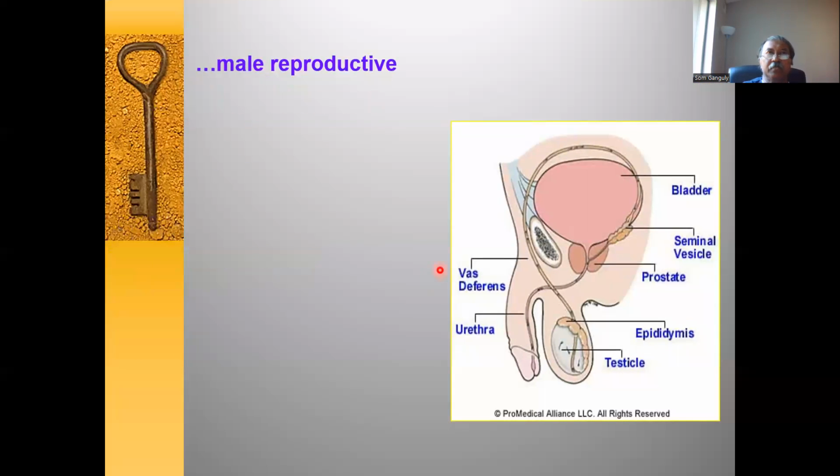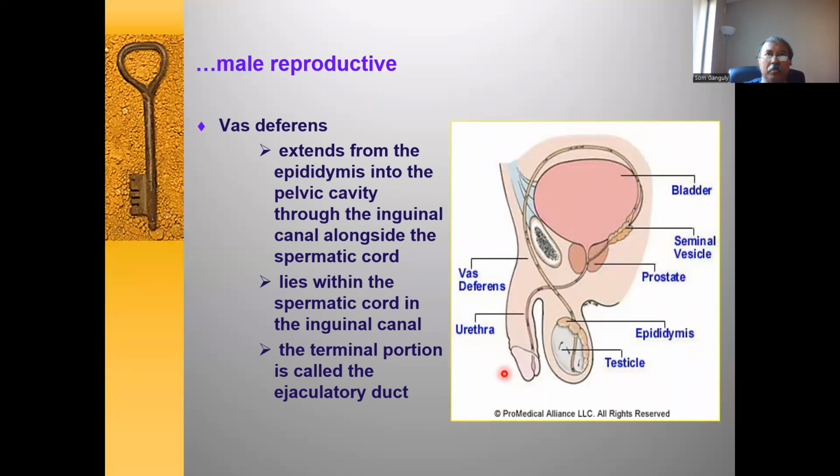In this picture, you can see the spermatic cord, or other name is vas deferens, which originates in the testicle at the epididymis site.